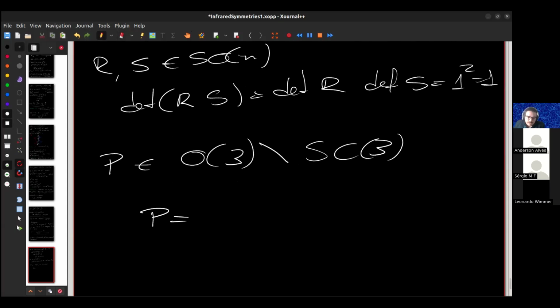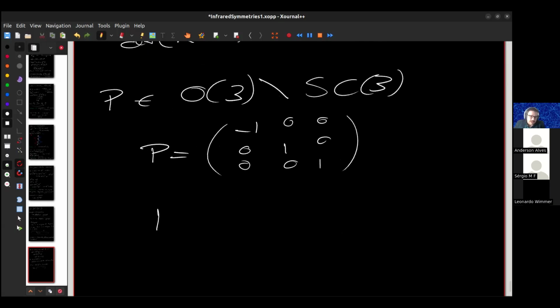P equals diag(-1, 1, 1), with zeros in all the other entries. What this matrix does is it takes my right-handed coordinate system and changes it into a left-handed coordinate system. It flips only one of the axes. So this is what we call a reflection.